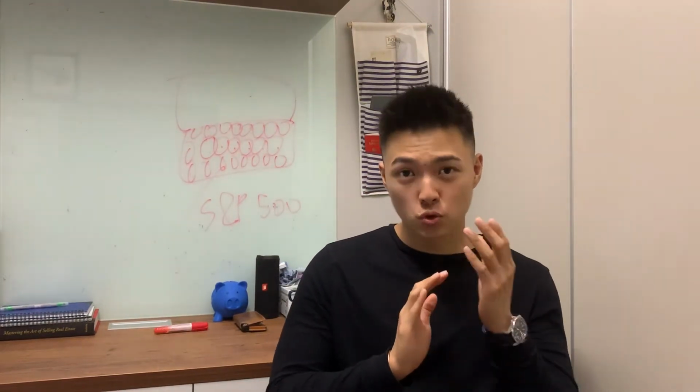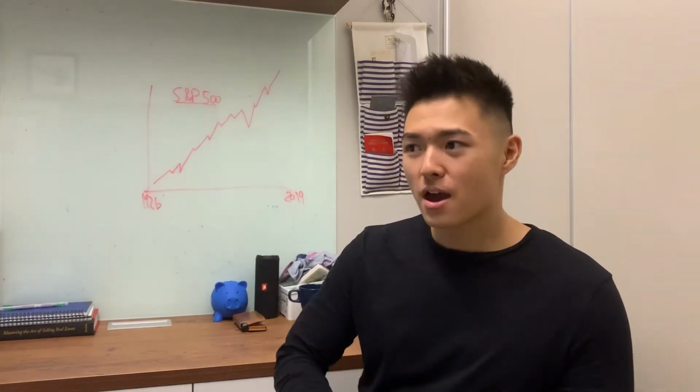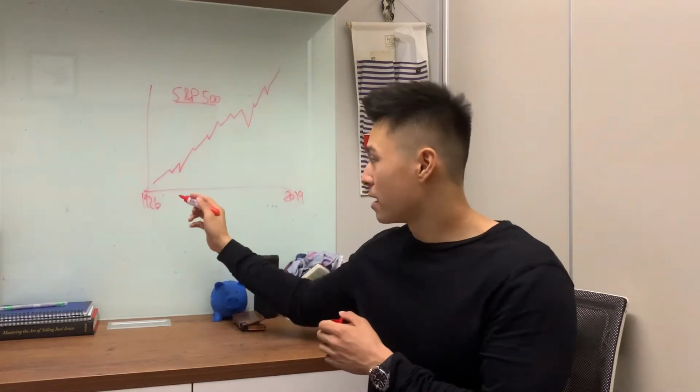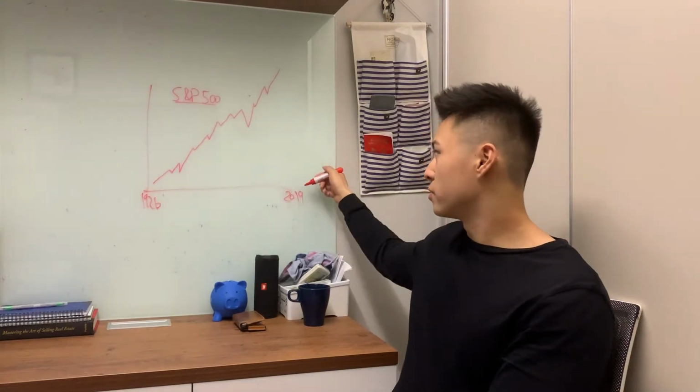Now the reason we want to know the average performance of this index is because we want to find out how much it grows every year, and then whether it's sound to invest our money there. So for performance, S&P 500 has returned about 10% year on year all the way since 1926. As you can see, during the inception in 1926, the graph has gone up all the way until 2019.